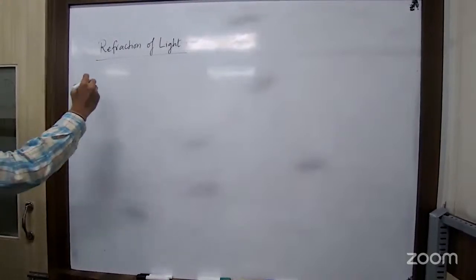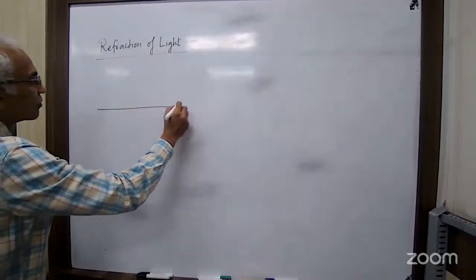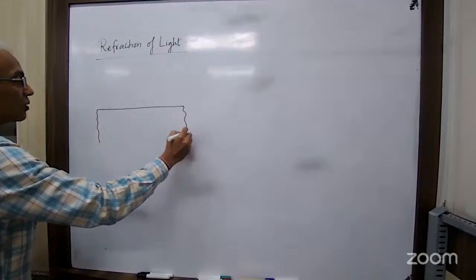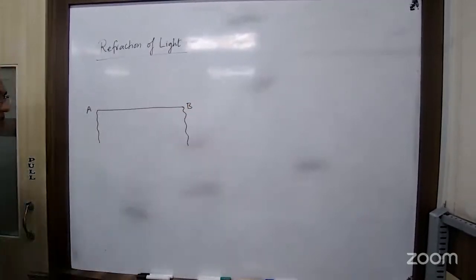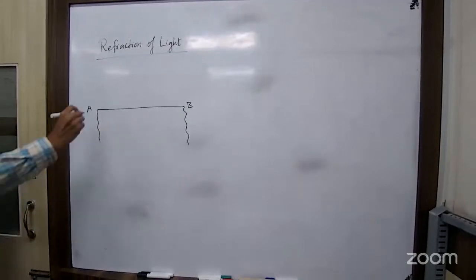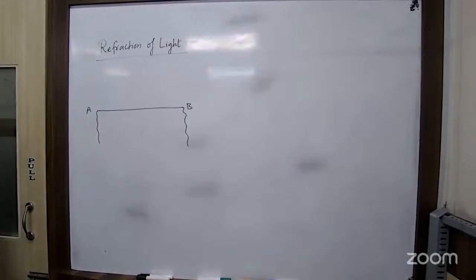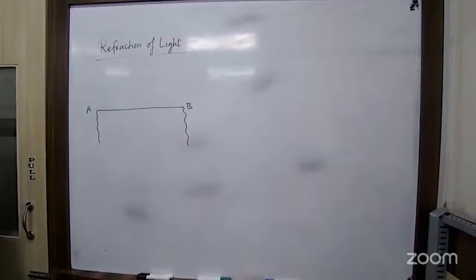I'll just put the diagram. AB is the boundary separating two transparent mediums. What transparent mediums are you familiar with? Air, glass, water. These three are very common.